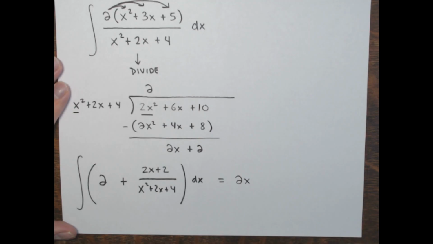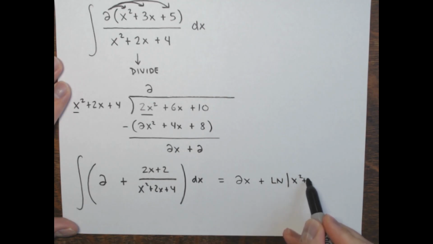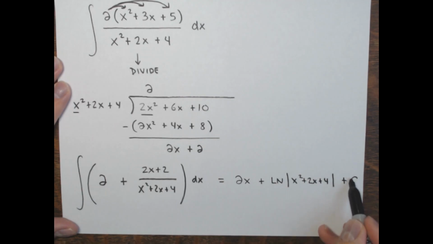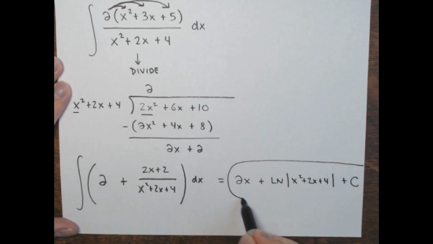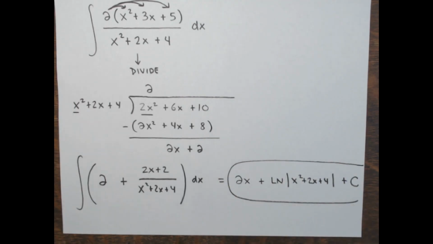You'd have du over u, natural log of the absolute value of u. So this is just the natural log of the absolute value of x squared plus 2x plus 4. And then, of course, plus any constant for these indefinite integrals.